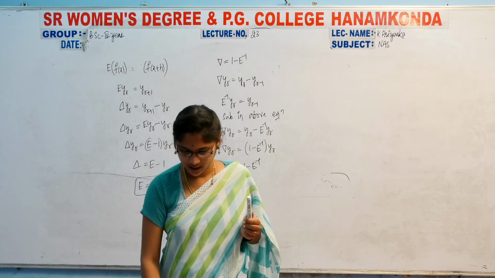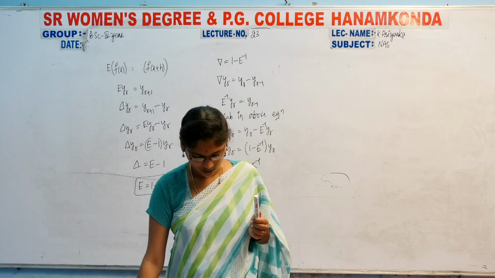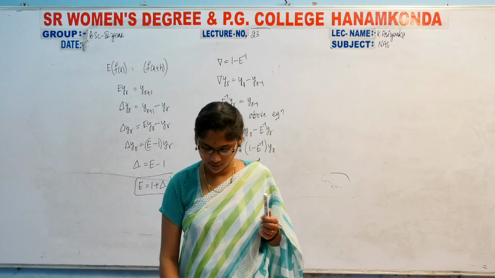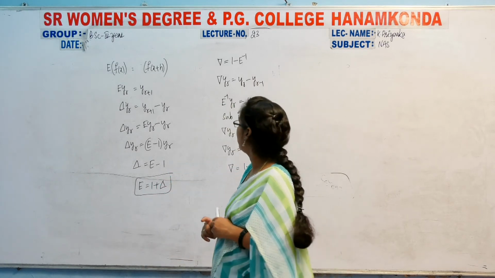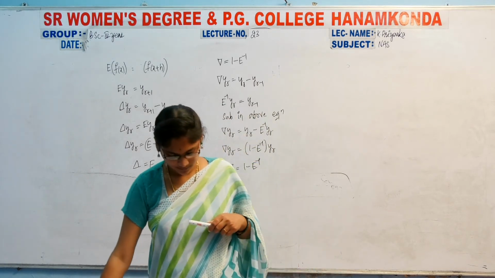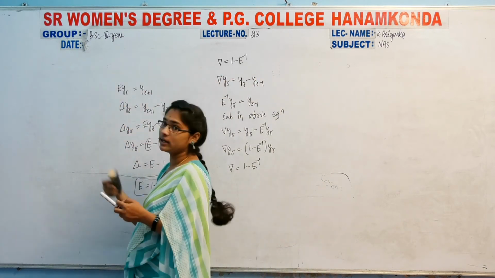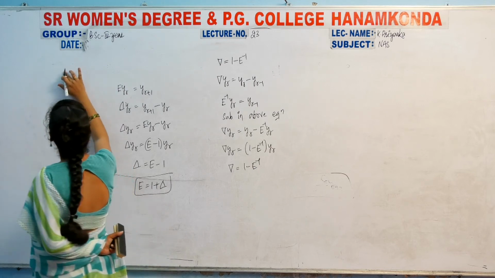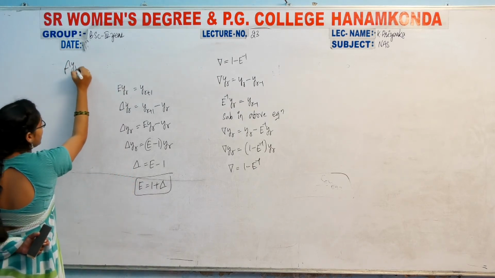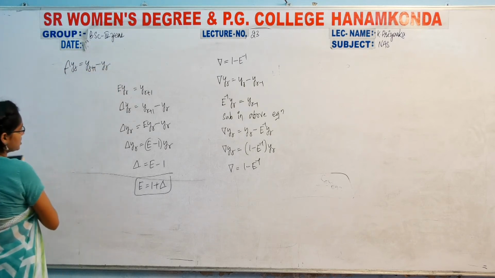Next question. Some more proofs. Discussing proofs here will complete it. That's why. Now write down. Next. Prove that gamma equal to, so that you remember easily, I am writing the formulas. Delta y r is equal to y r plus 1 minus y r. You can write this one.